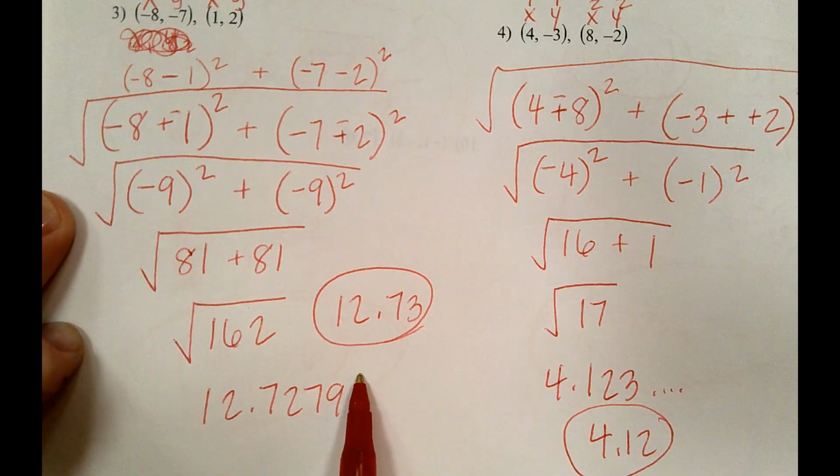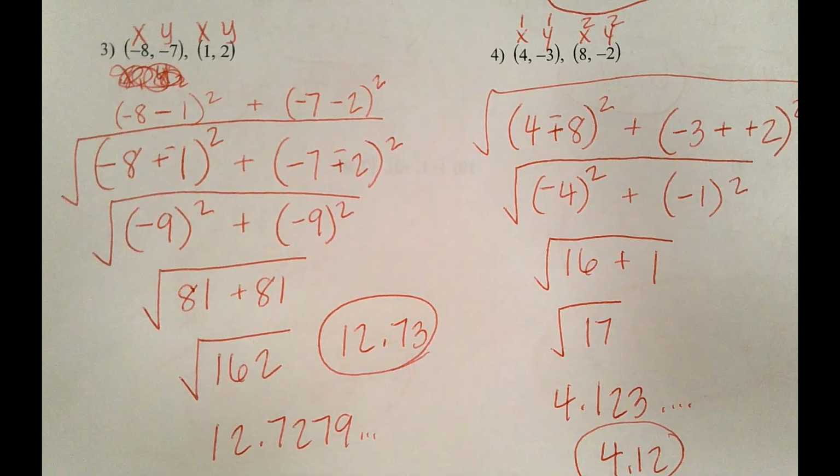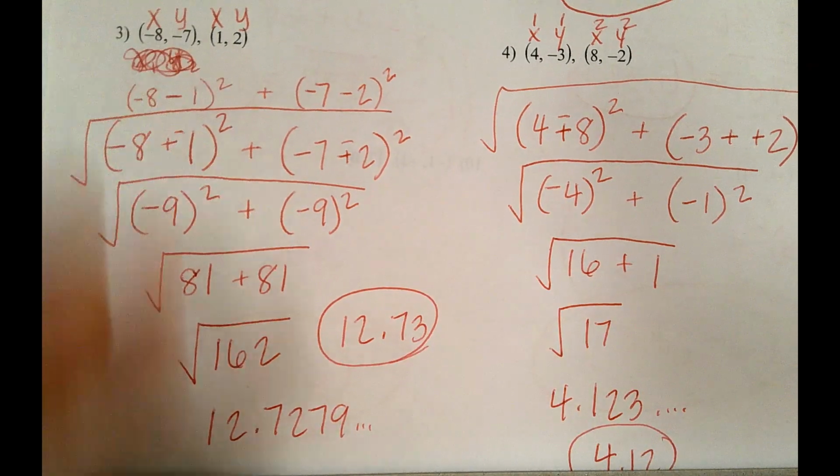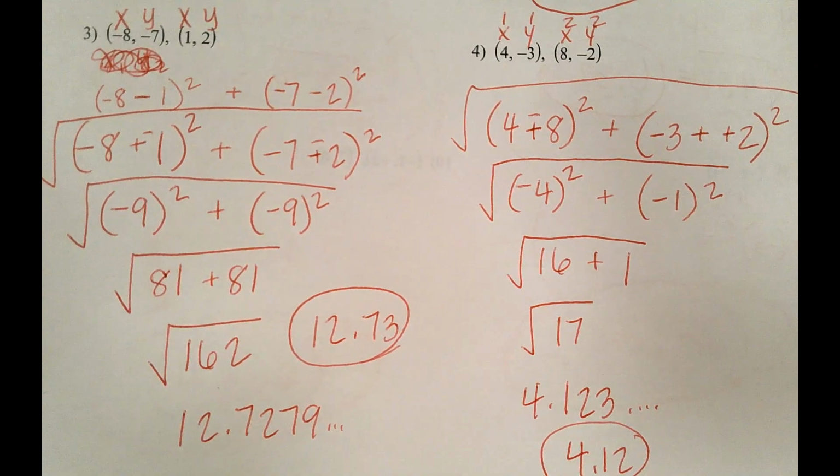Go over number 2 together? Yes. Number 2. So let me do paper. Number 2, my points were, I'm just going to write this and then I'll move my page. -1, -3, and 5, -6.